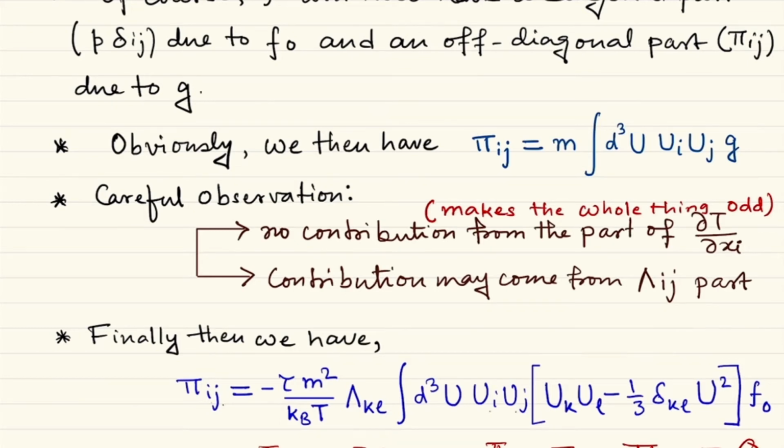Inside this, every time you have u square minus 1/3 u square. So when you sum all these three things, you will finally have u square minus u square, because this term will contribute thrice to make it a u square, and here this term will simply be u square.